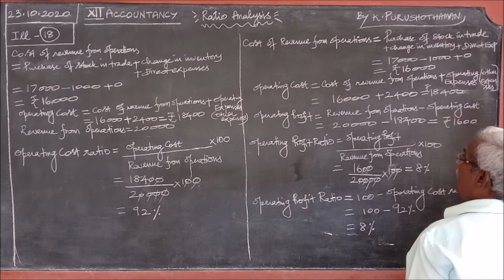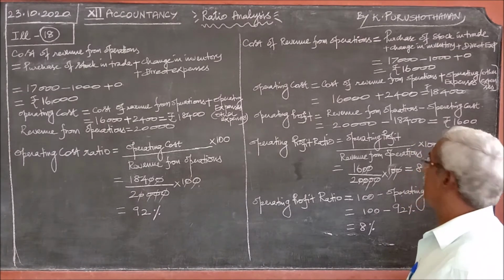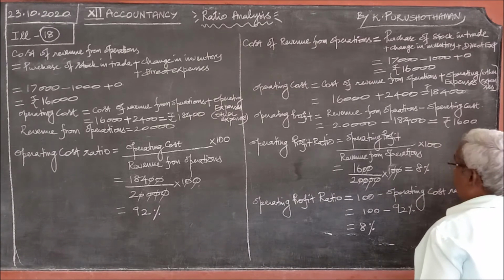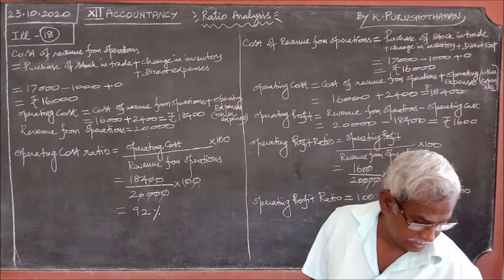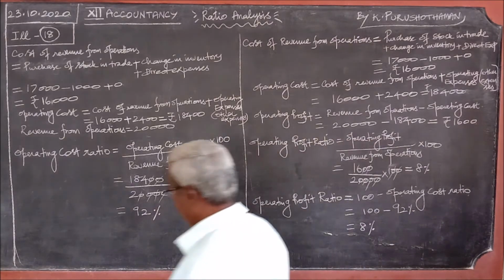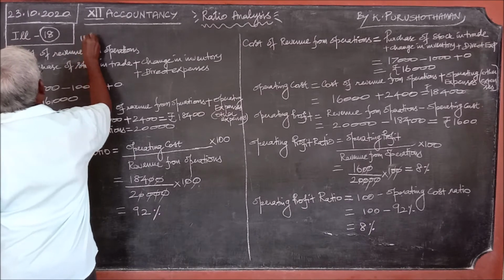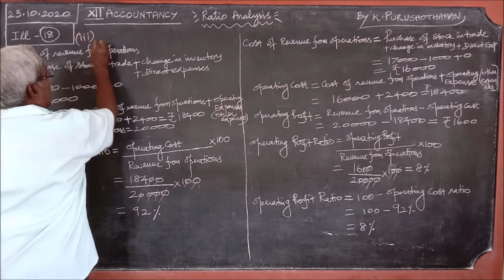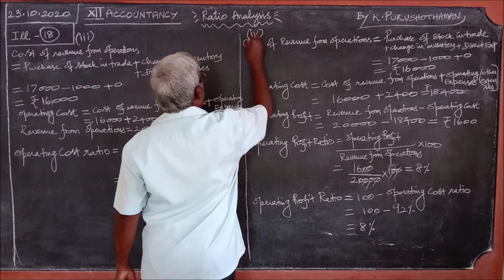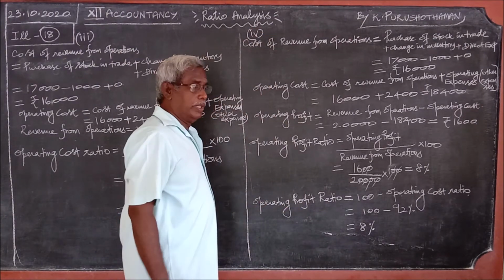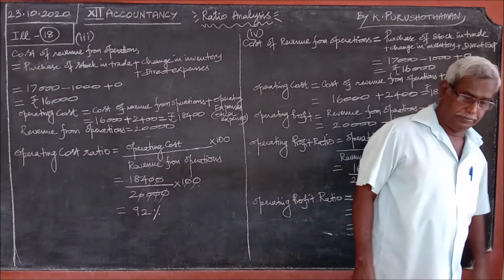So we have completed illustration 18. In the previous class, I did the first and the second divisions. Now I have completed the third and the fourth division. We found that. And I should stress something here in this problem.